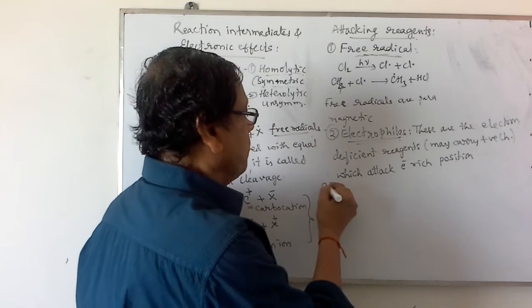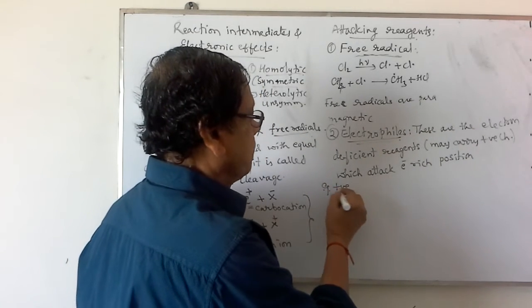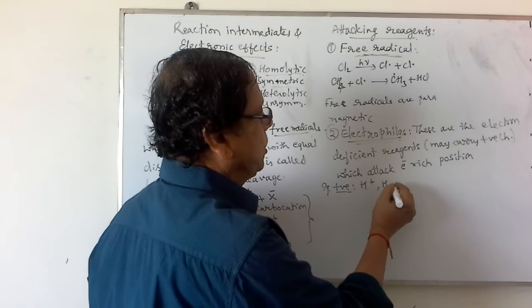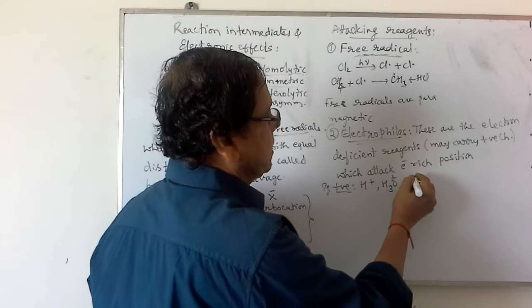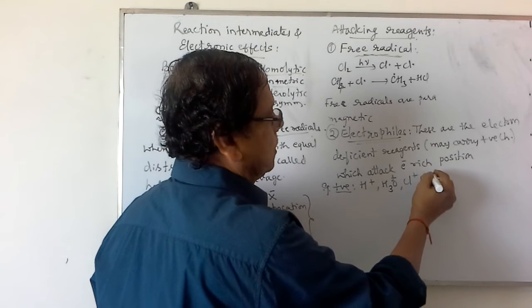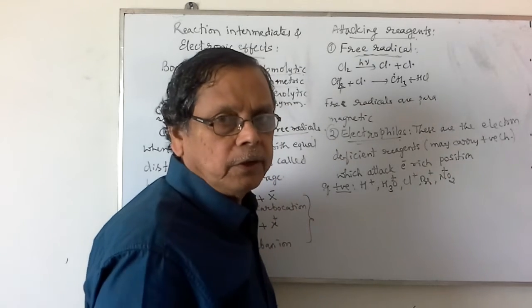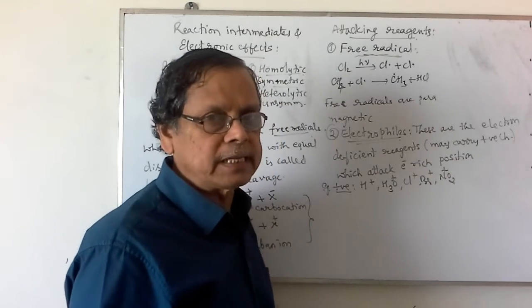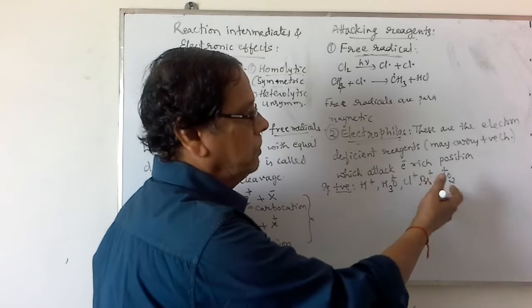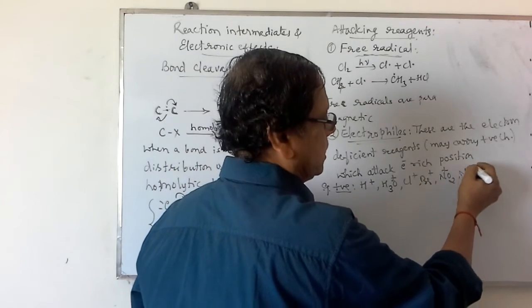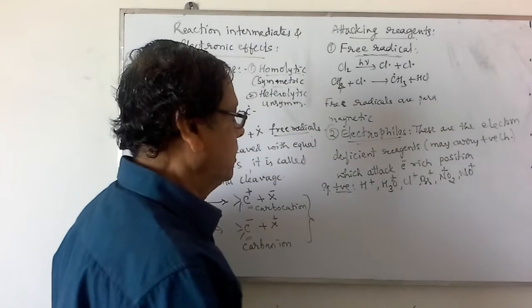For example, those with positive charges, we can give the examples of H+, H3O+, Cl+, Br+, nitronium ion NO2+. When we consider the aromatic substitution reactions, all these positively charged reagents will be the intermediates. This NO+ is the nitrosonium ion.